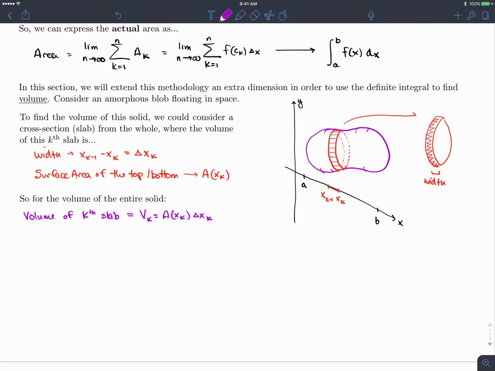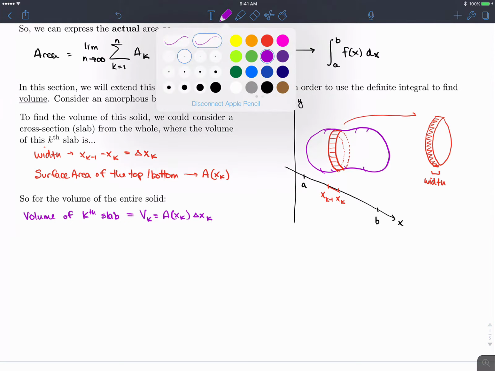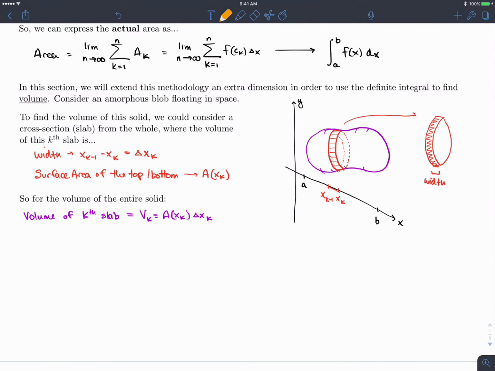And if we wanted to find the volume of the entire solid, once again, we're going to consider the number of slabs, which we'll say is n, as it approaches infinity.